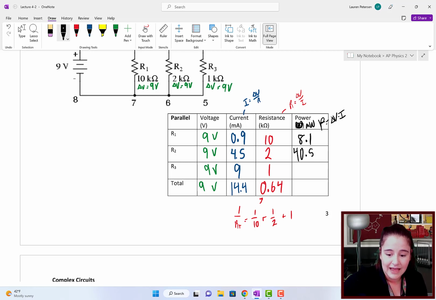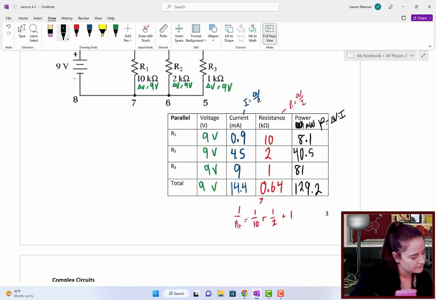And 9 times 9, 81 milliwatts of power coming from R3, for a total power of, just adding them all up, 129.2. Okay, about 130.